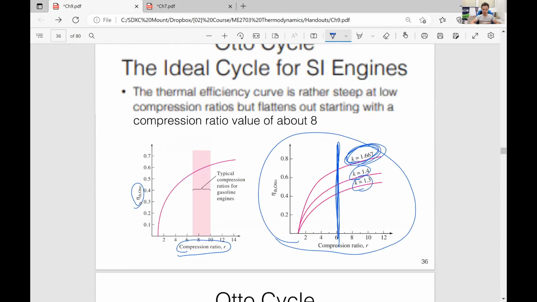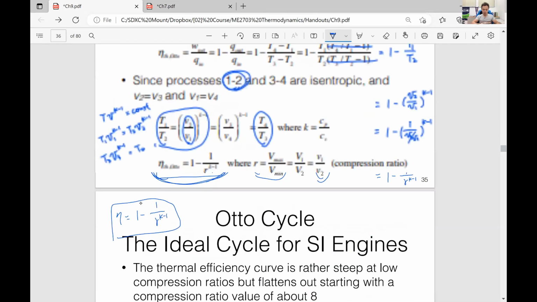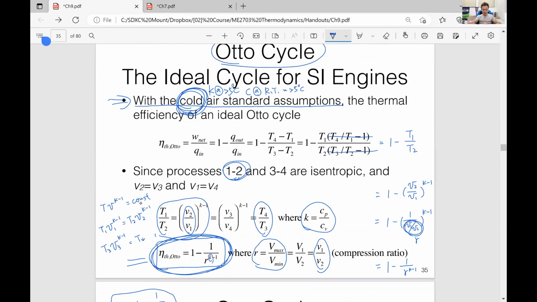And again, how did we get this equation? With the cold air standard assumption, where we assume the specific heats are constants at 25 degrees. But in reality, when combustion happens, the temperature inside the engine must be higher than room temperature, of course.